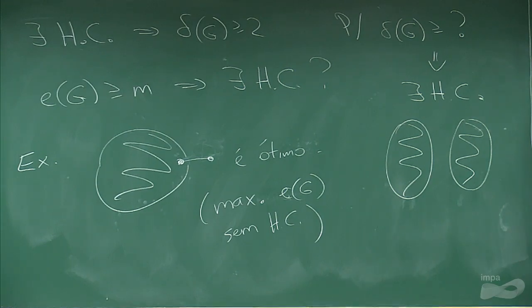So, theorem, Dirac. Not sure what decade, sorry, long time ago. This is correct: minimum degree of G strictly greater than n over 2 implies there exists a Hamiltonian cycle.